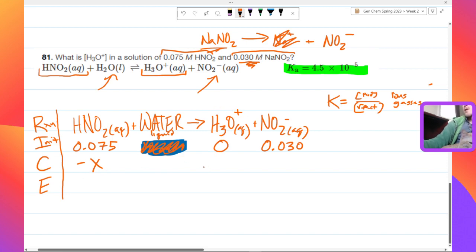That's X. That same amount is going to become hydronium ion. When this happens, we're also going to get an increase in the amount of nitrate. That's going to go up by X. And that change is going to happen until equilibrium occurs. So that's our change. And then we're going to reach equilibrium.